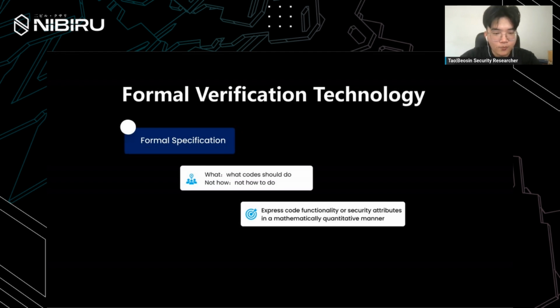For formal verification, first we need to use the formal specification. We will analyze the code and understand what the code should do, not how to do it. So we need to express code functionality or security attributes in a mathematical way. We will do an example later so you can understand what I'm talking about.